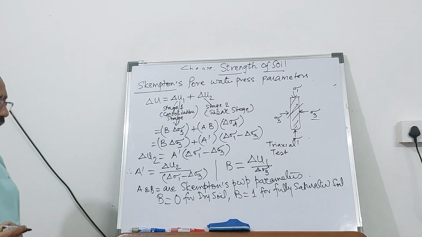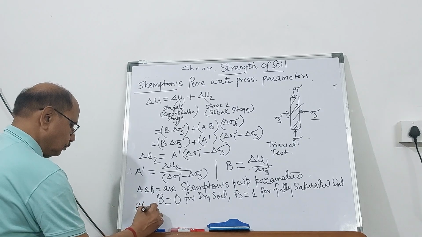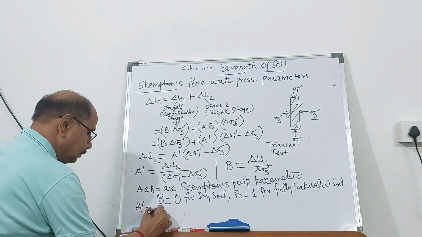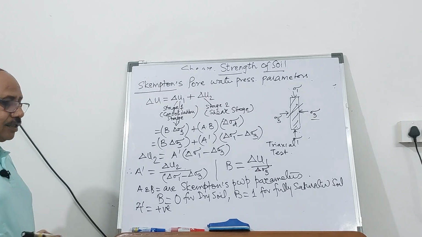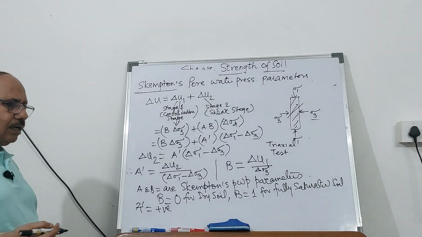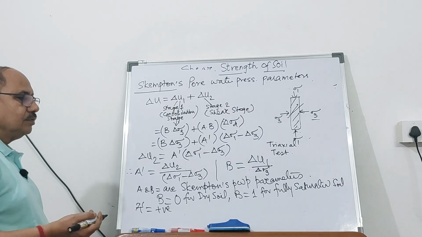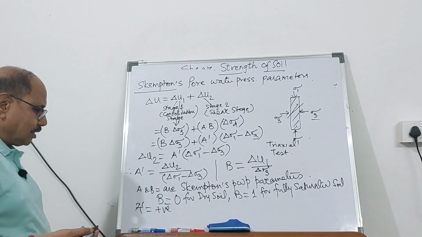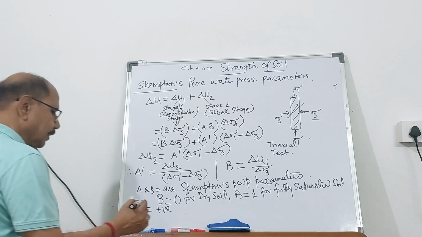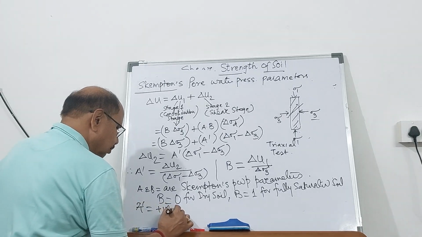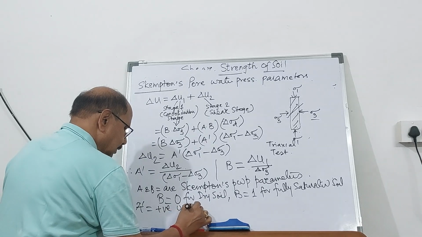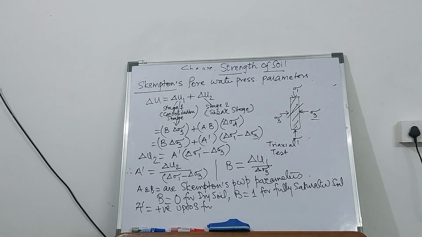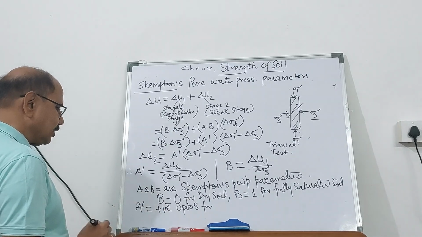And the value of A prime, if you refer to the table, is positive for normally consolidated clay and also for medium or loose sand. You will be getting all positive values up to 3. So the value of A prime is positive, up to 3 for normal soils.